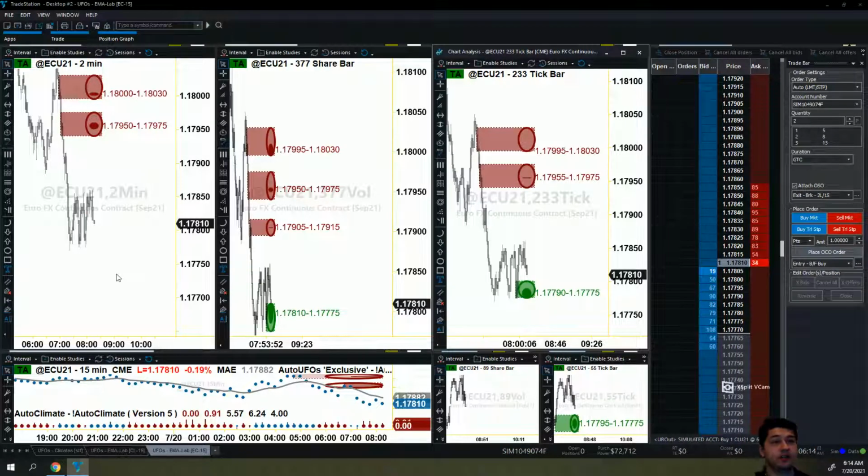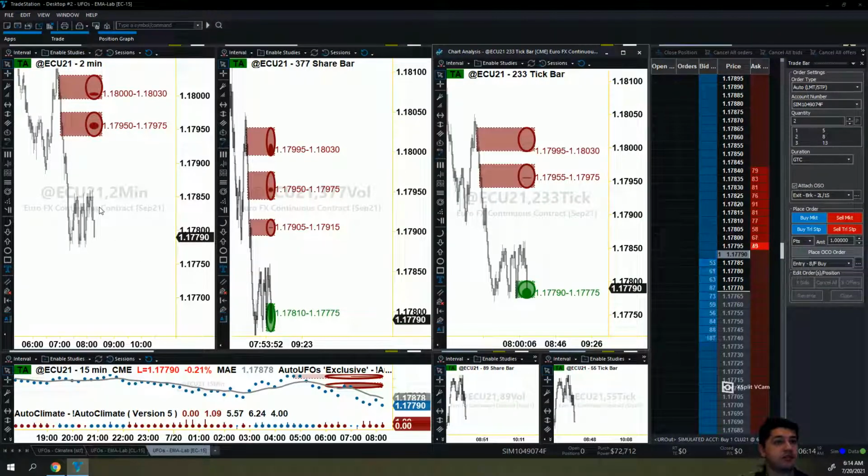Wow, that UFO just disappeared, and you see how reactive our software is to market movement. Obviously, if those orders got filled, it's not going to be there anymore. So our plan of waiting for EC for the next few minutes might be out the window, mainly because that UFO is now gone.